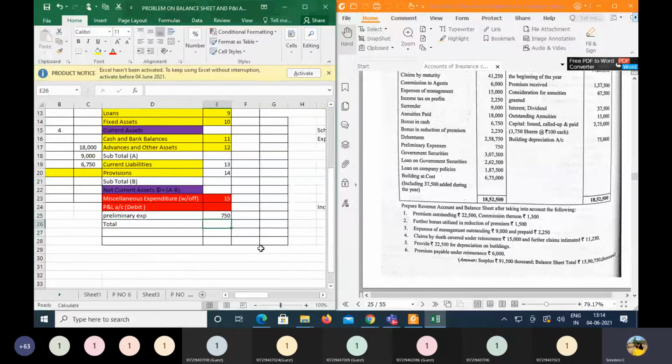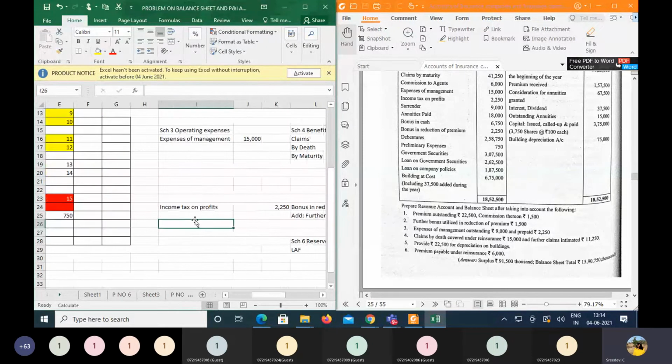So here let's go to schedule number 3, that is operating expenses, and here, if it is outstanding, again write it as add outstanding expenses, and the amount of the expenses which are outstanding over here is 9,000. So once you add this 9,000, the total amount of the expenses for the year is 24,000.